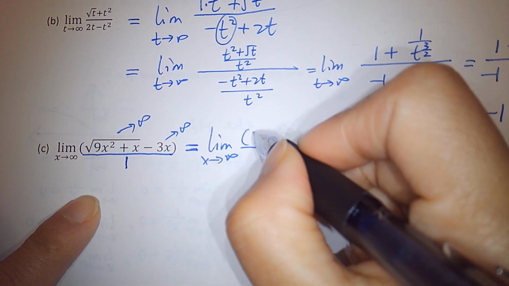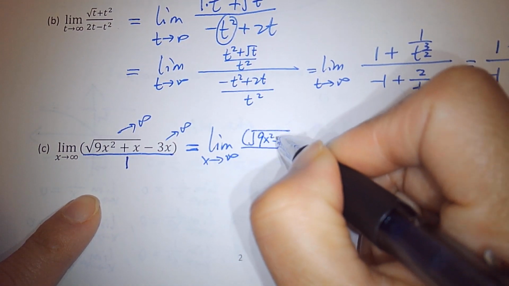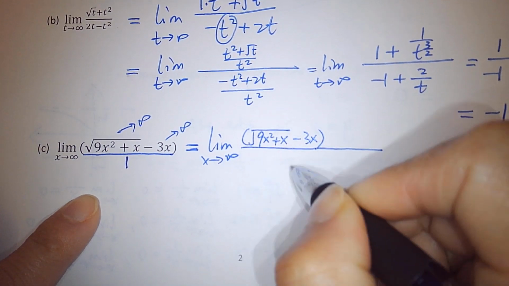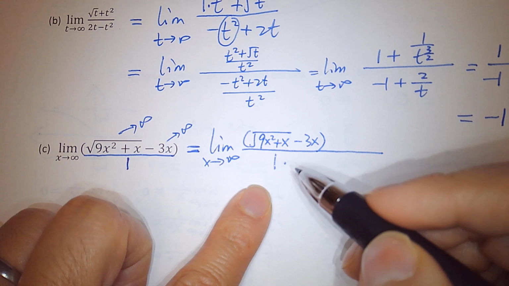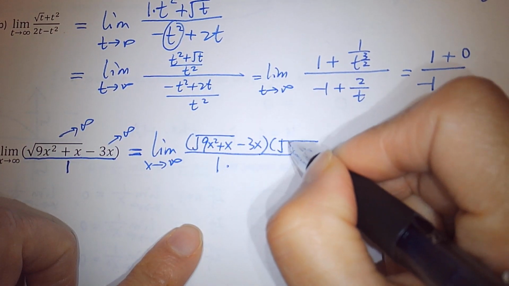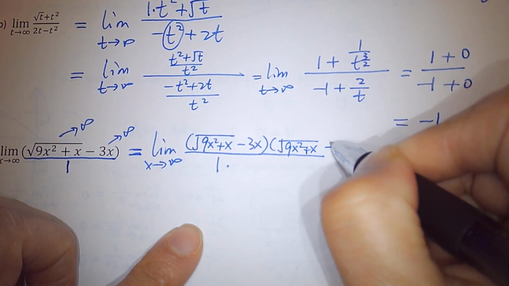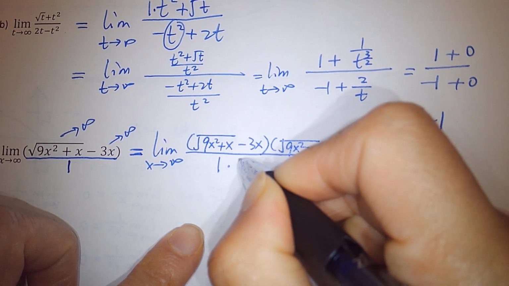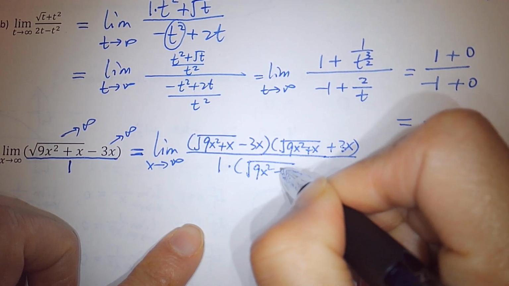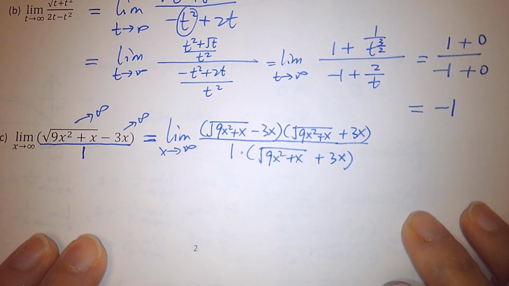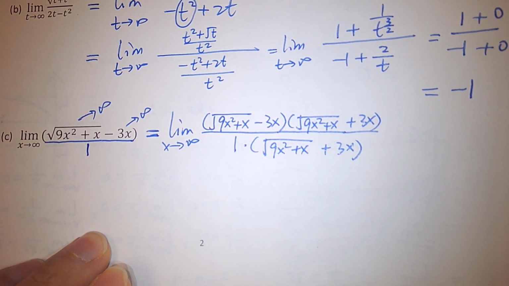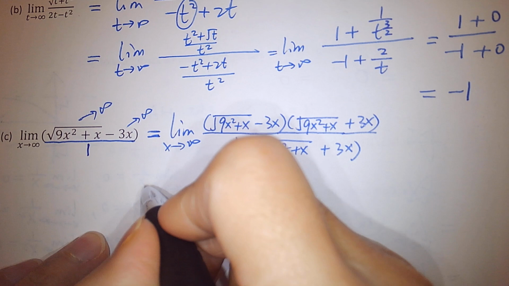We multiply both top and bottom by what? The conjugate of this, which is square root of 9x squared plus x plus 3x, and see what miracle result we can get.